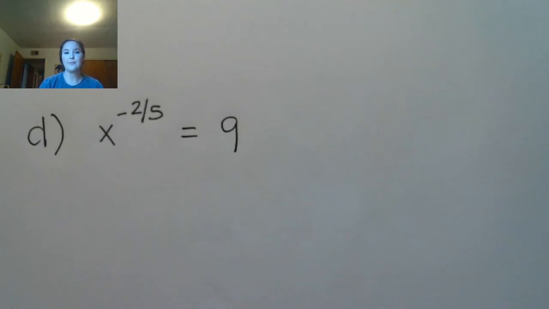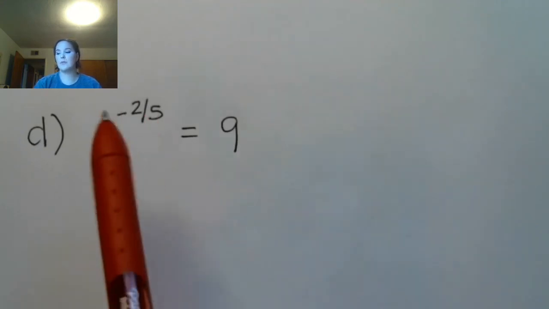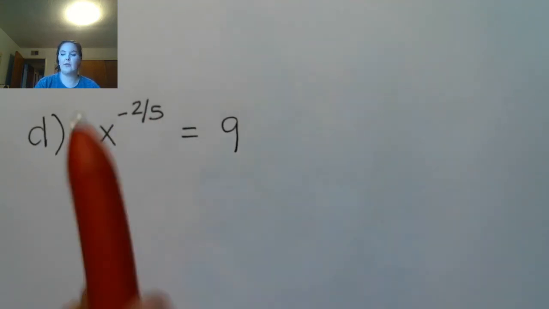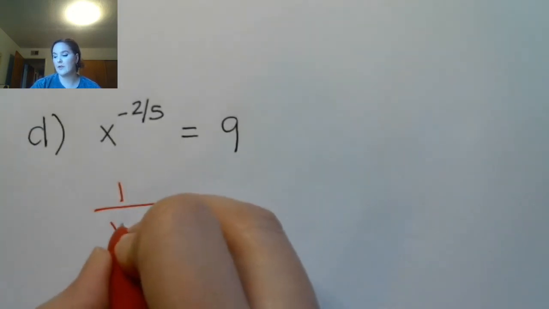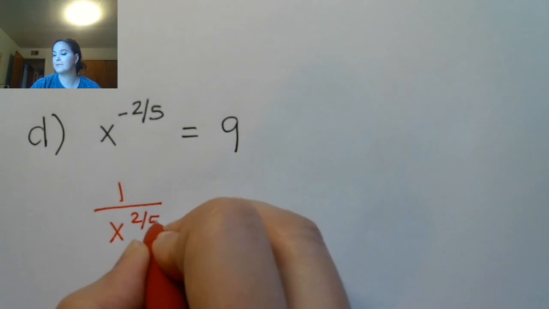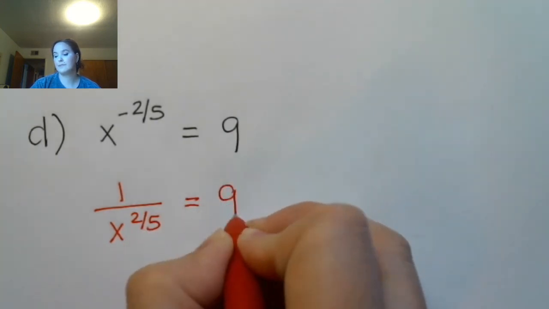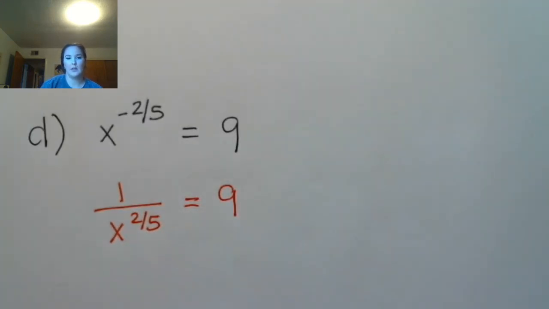So the difference with this one is that we have a negative exponent. So we know what the negative exponent means. That means it goes into the denominator. There are two ways to think about this.